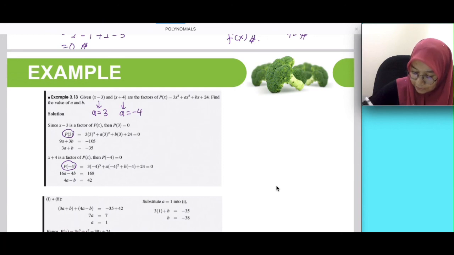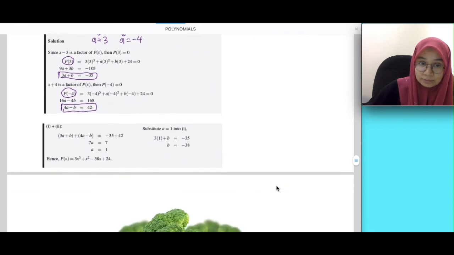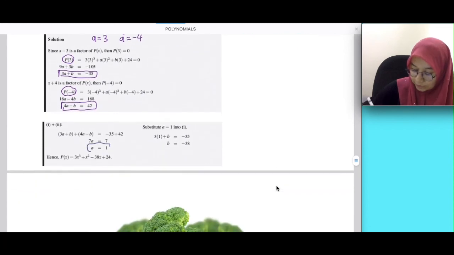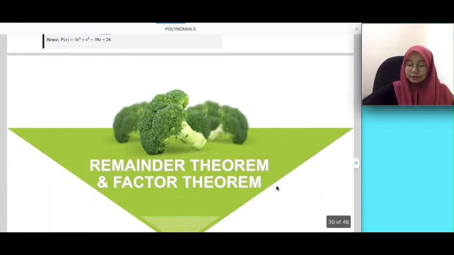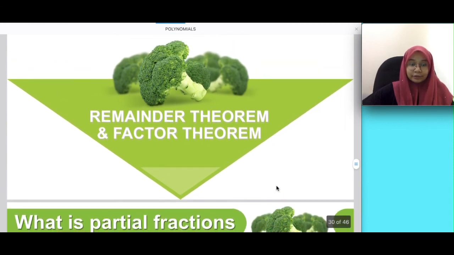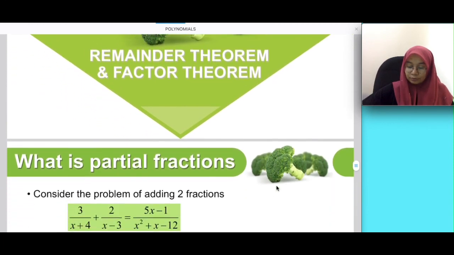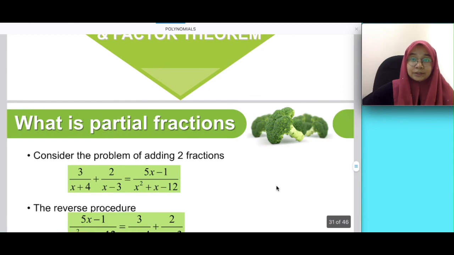You will get the simultaneous equations here. And then you solve the simultaneous equations. You will get a equals 1, b equals negative 38. Right? So that's all for the remainder theorem and factor theorem. So we will continue into the partial fractions.